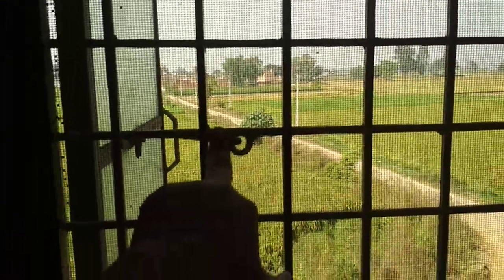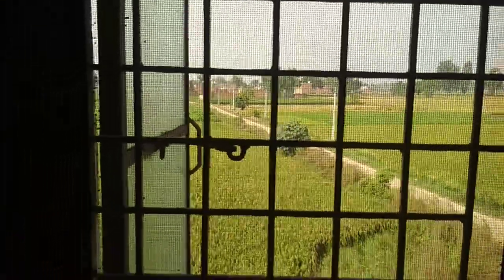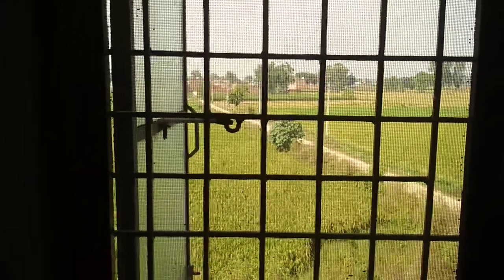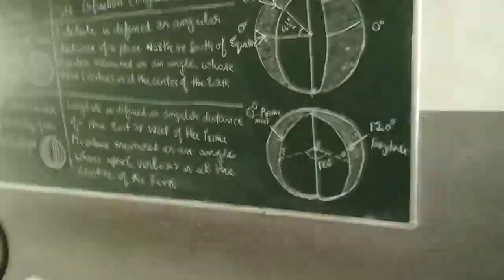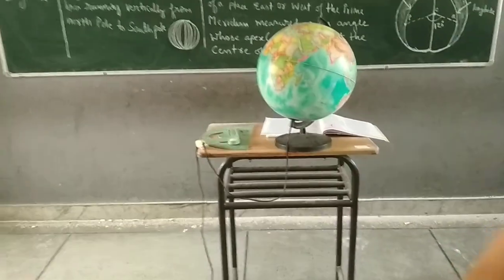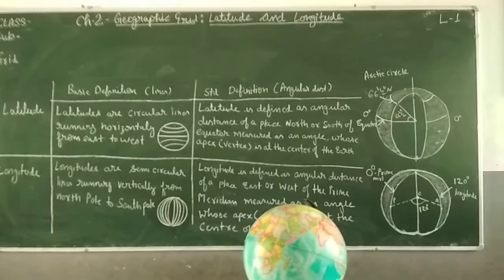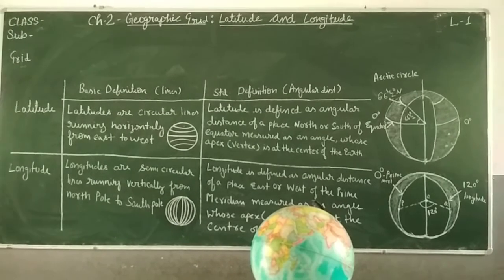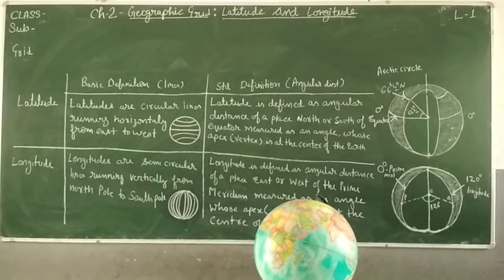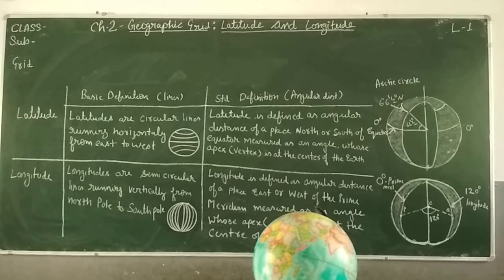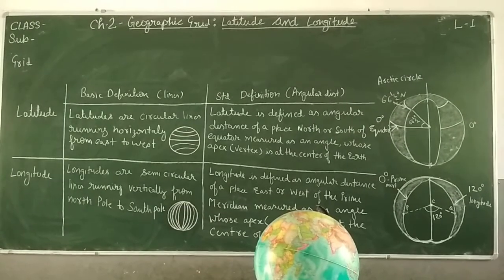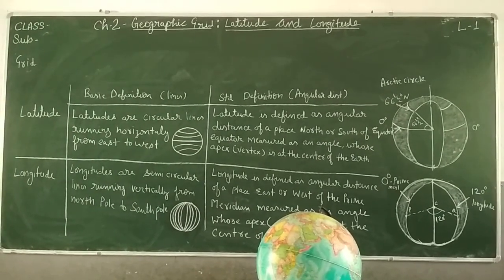So you will say that it is 7, 2, where 7 is the horizontal line and 2 is the vertical line. So this is how you have told me about the location of that place. Clear? That thing is called a grid, which we are going to study. So I hope you have understood the meaning of grid.